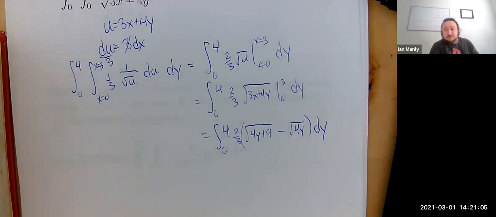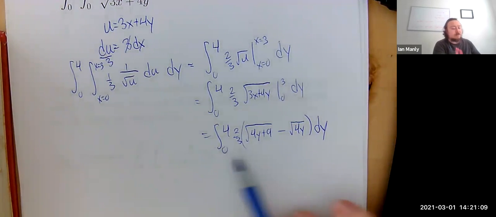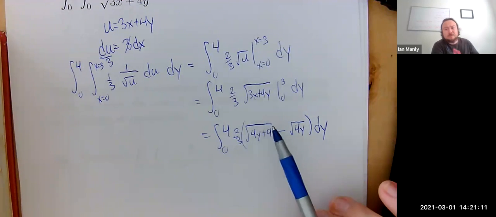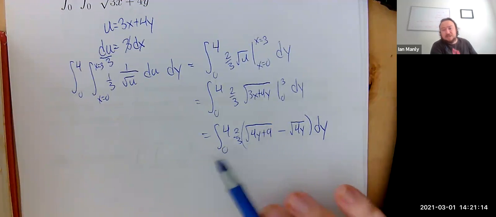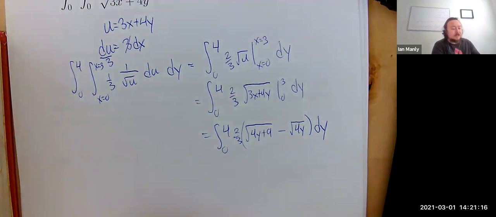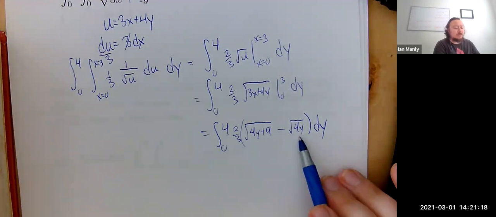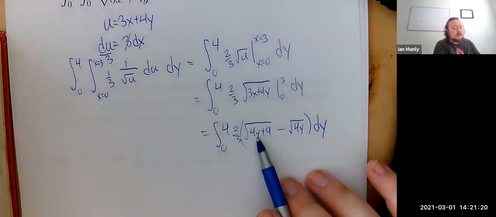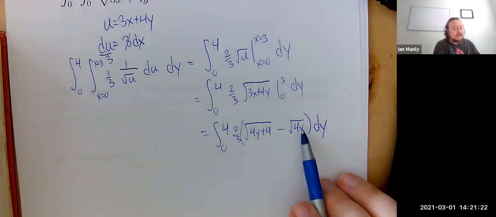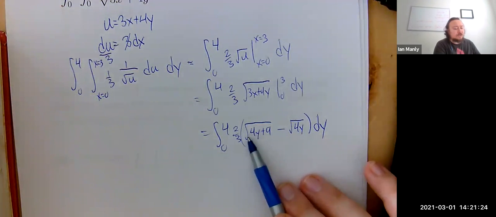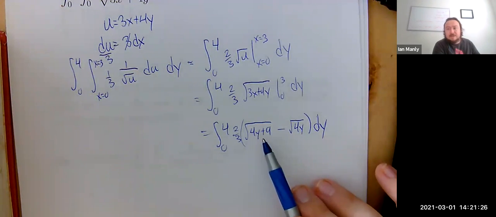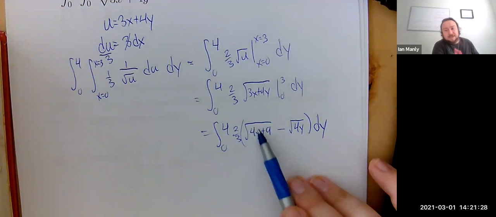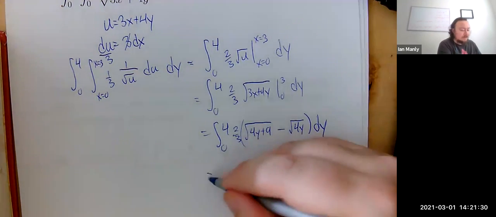All right, so that's my x integral. And now all we have left are y's. If you did this properly, you should only have y's once we get rid of the first integral. So now I'm just going to do the y integral of this. Doing the integral of the square root of something times y plus a constant, we just do the normal power rule, and then divide by the coefficient of y.